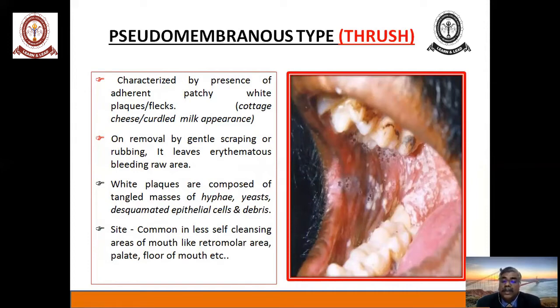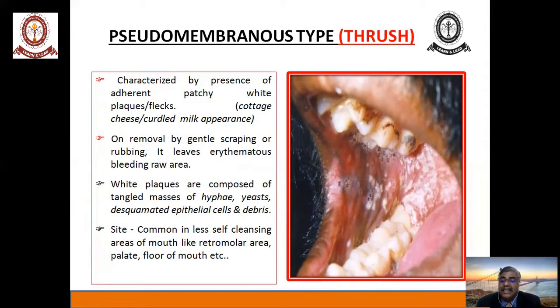While removing the white patch, it leaves a red erythematous raw area which may bleed. The white plaque or flecks contain candidal hyphae, yeast, desquamated epithelial cells, and food debris. Put together, they form the pseudomembrane or flecks.